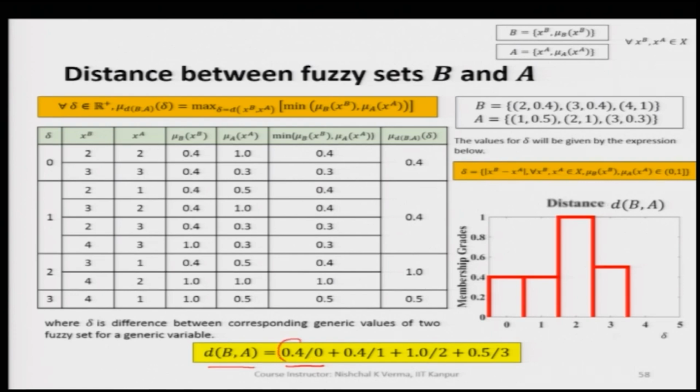So, 0.4 is the mu corresponding to delta, and this delta here is 0, this delta here is 0.